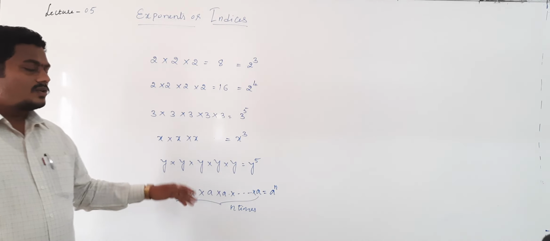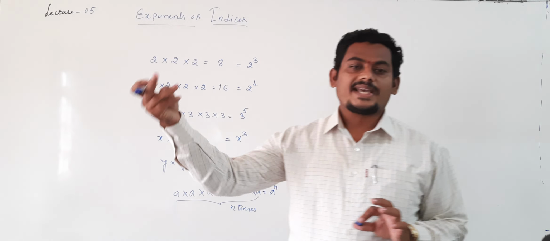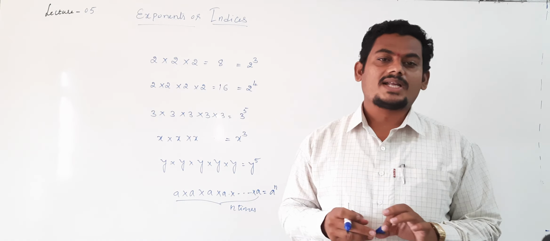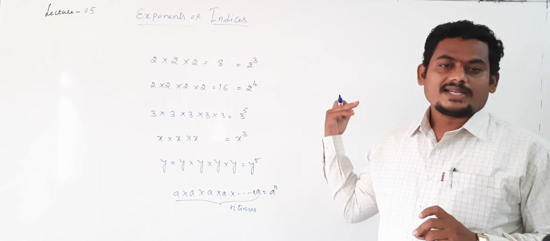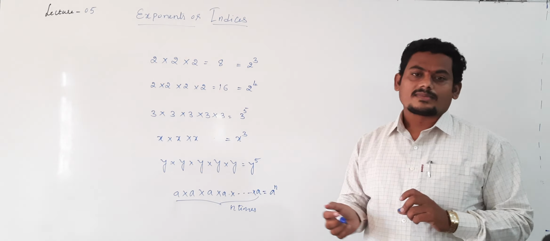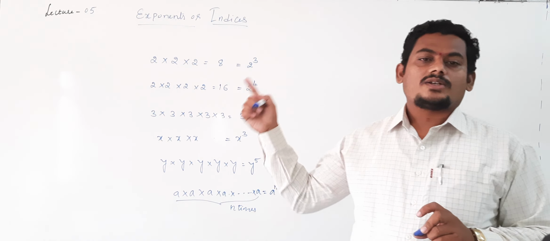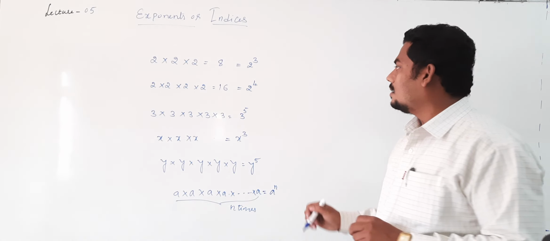Suppose a is repeated 2 times, then it will be a power 2. Suppose a is repeated 3 times, then a power 3. Suppose a is repeated 4 times, a power 4, and so on. In this case, a repeated n times will be a power n.